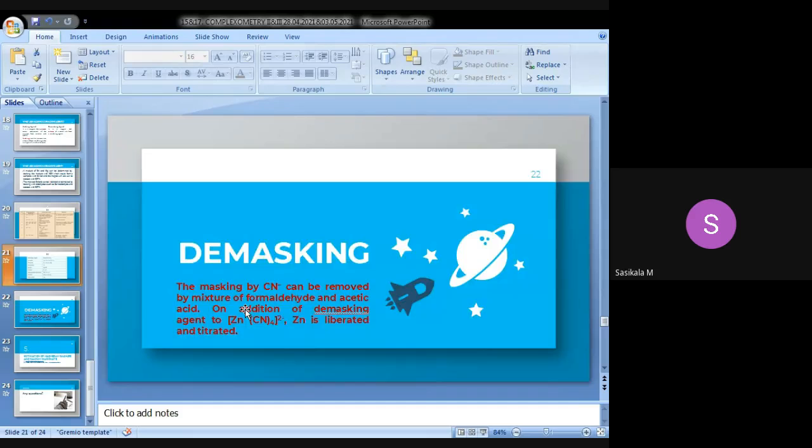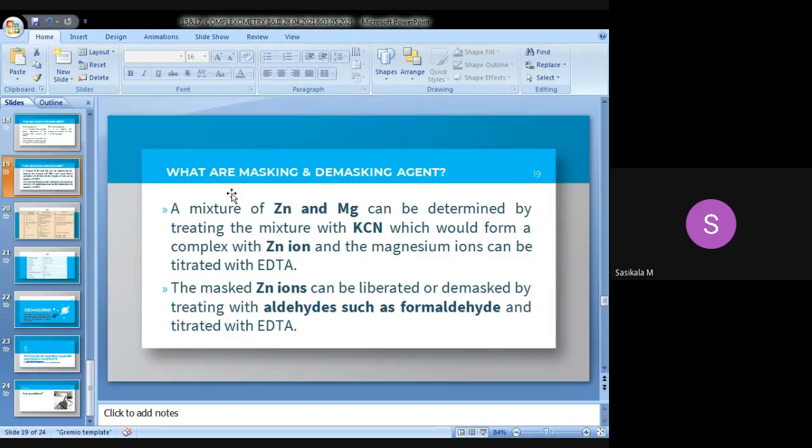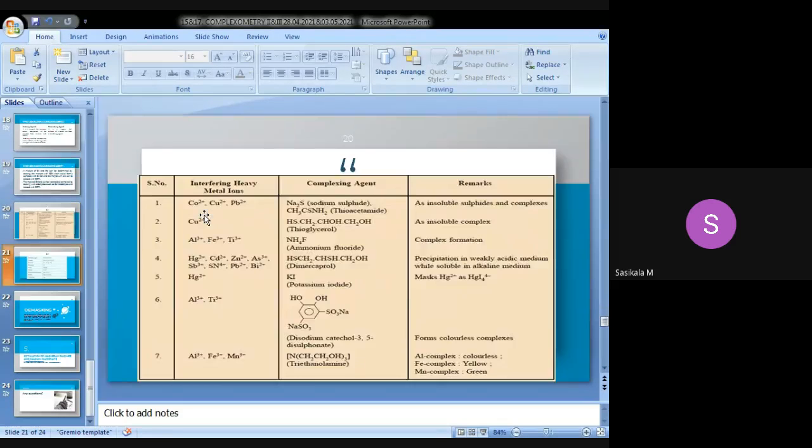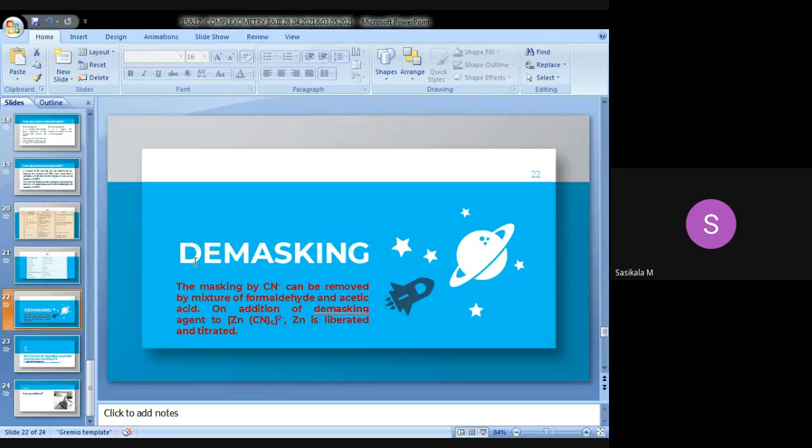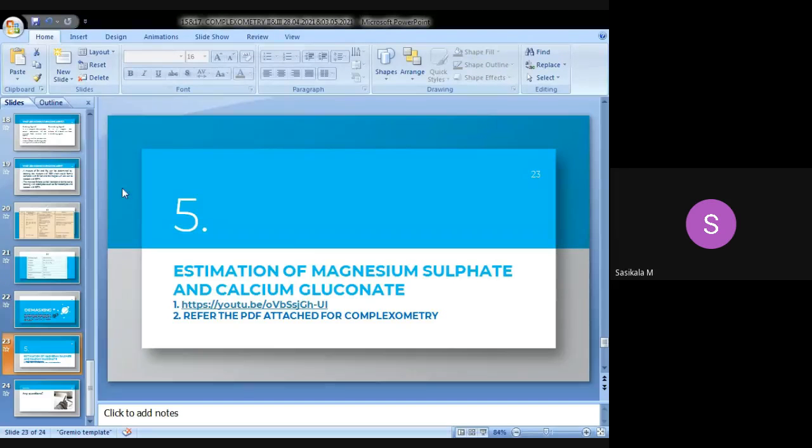The same goes for demasking, as we have discussed here: the cyanide complex is removed by formaldehyde. As a demasking agent, formaldehyde combined with acetic acid as a mixture can be used. Demasking is used in the estimation of magnesium sulfate and calcium gluconate.